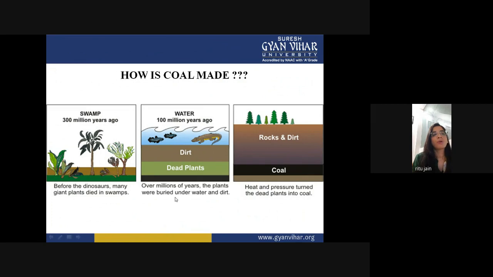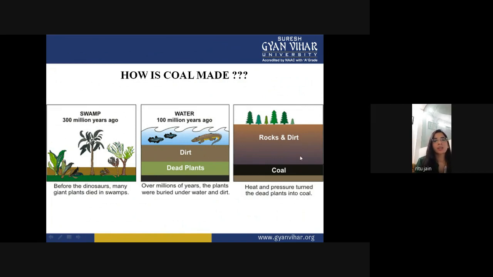Over millions of years the plants were buried under water and dirt. For millions of years they were in the earth, under some temperature and pressure. This is the scenario 100 million years ago. What happened there? The dead plants, due to pressure and temperature, converted into coal.